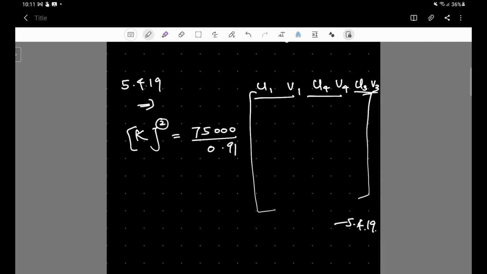Each node has 2 degrees of freedom, meaning 6 degrees of freedom. So for element stiffness matrices, we obtain a 6 by 6 matrix. But if we consider the total structure, we have 4 nodes. Each node has 2 degrees of freedom. So there are totally 8 degrees of freedom. So the total global stiffness matrix should be 8 by 8.